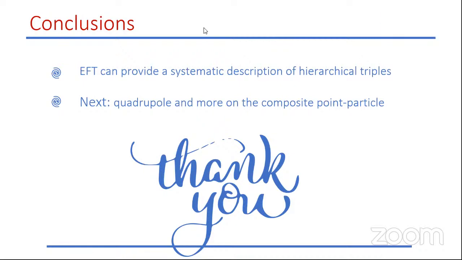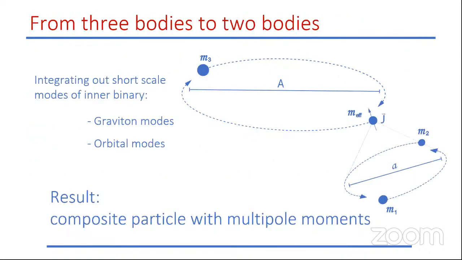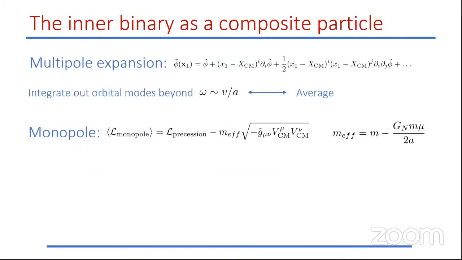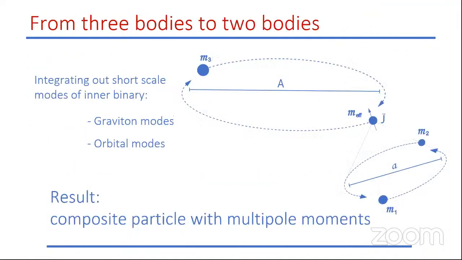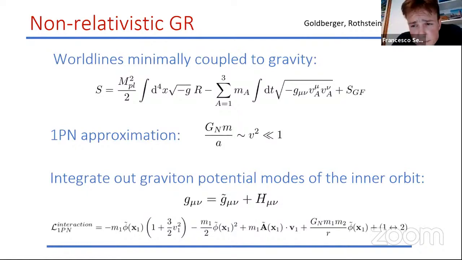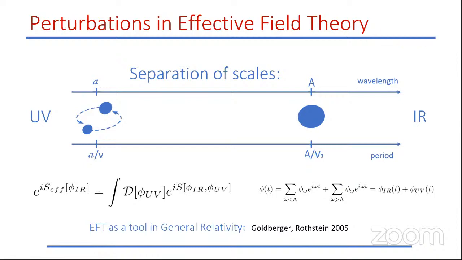Could you please go back a little bit in your slides to where you have expressed the effective action? Before, you have written some path integral. So your main motivation is to construct the effective field theory, where you try to integrate out the UV modes of the theory.